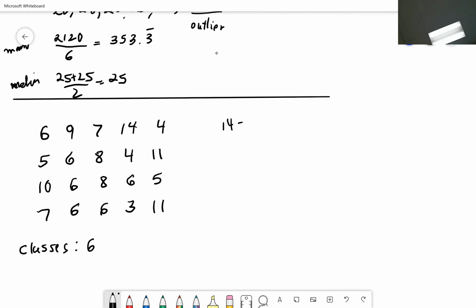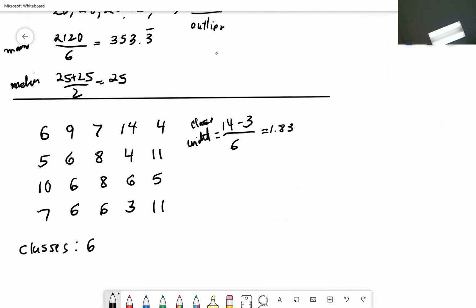What's the smallest number? 3. And we're going to divide this by 6, right? This is going to be our class width, right? So 14 minus 3 is 11. 11 divided by 6 is 1.83.